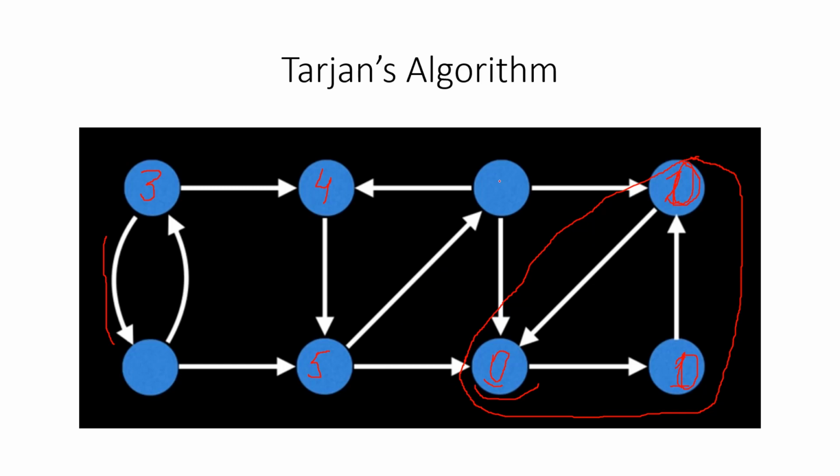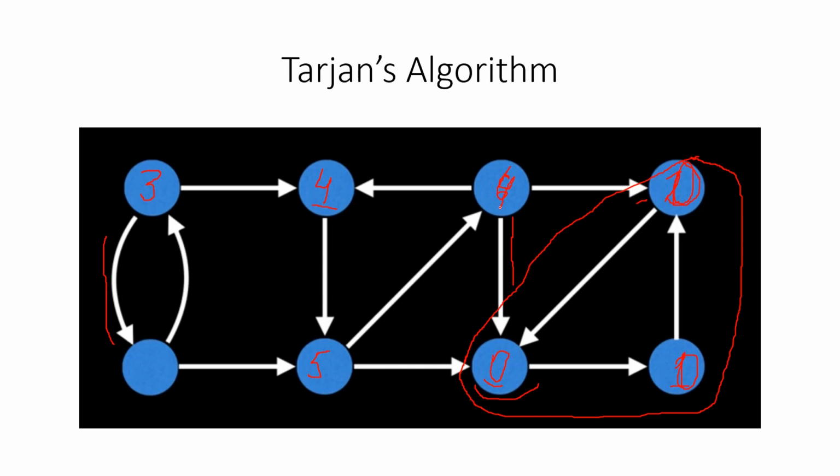Then we go to this, 6, and from 6 it has 3 outgoing edges. One goes to this one, but we already discovered that, and one goes to this, but we also already discovered that. Then we go back to this one, and 4 is not finished being discovered, so we take this time and we write the 4 here instead of 6.